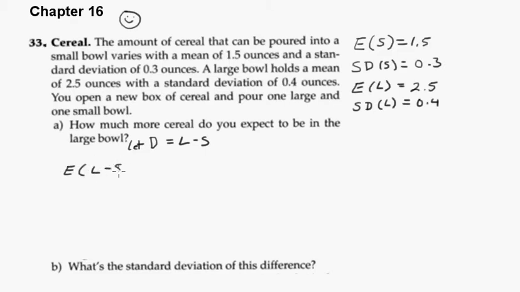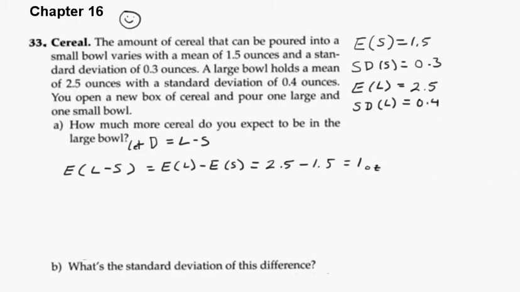That's just the expected value of the large bowl minus the expected value of the small bowl. So that's 2.5 minus 1.5, so 1 ounce. Okay, that's pretty straightforward.